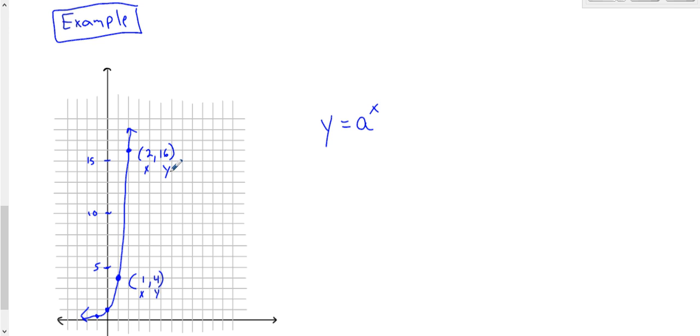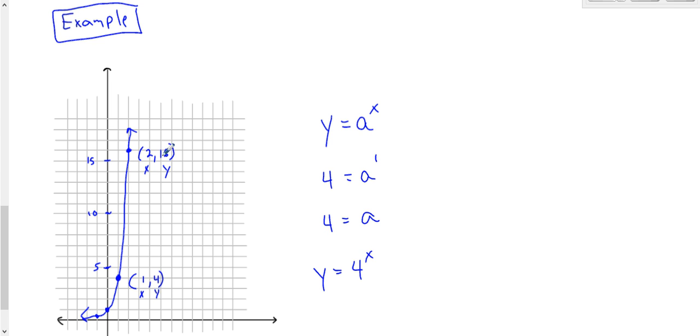So we can plug in our values of x and y. If I choose the first point, (1, 4), I plug in my 4, and I get 4 equals a to the first. Well, a to the first is the same thing as a, so 4 is equal to a. And now I can write my exponential function: y equals 4 to the x.